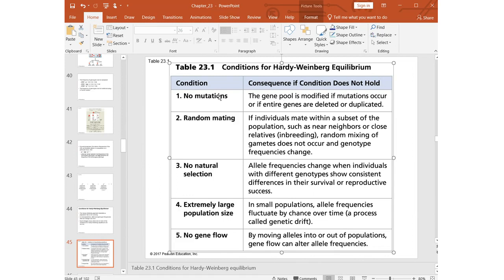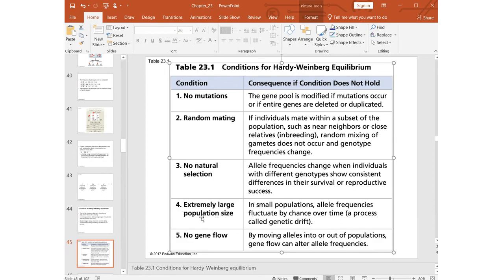So the consequences: the condition is no mutations, but if there are mutations, new mutations are going to come in and modify the gene pool. If mating is not random, then random mixing of gametes does not occur and genotype frequencies might change. There should be no natural selection if they're in Hardy-Weinberg equilibrium, but if there is natural selection, then probably allele frequencies are going to change.